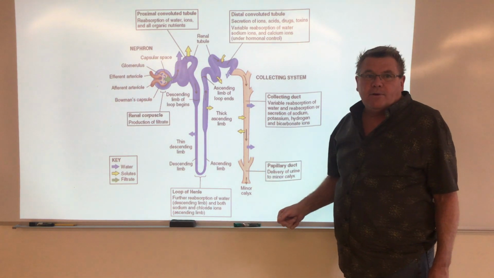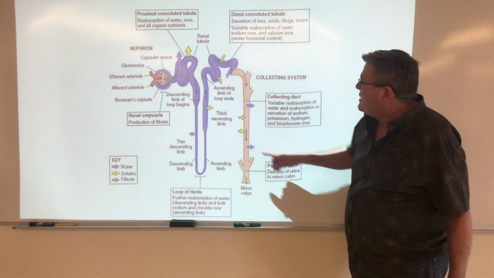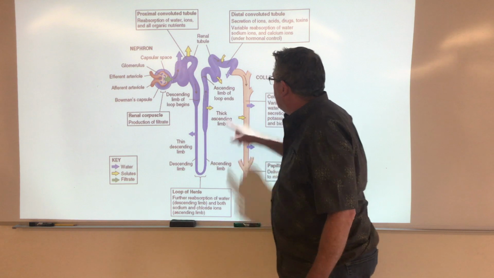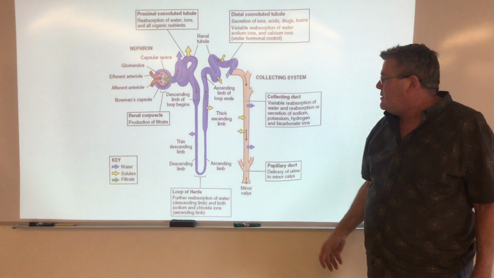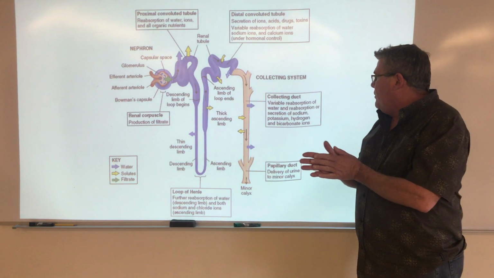Really, I think one of the most important things we want in plasma is water. It's a fluid extracellular matrix. So we dump it all out, then we reabsorb water, and reabsorb water, and reabsorb water. This keeps our blood pressure up. And that's kind of what we want.